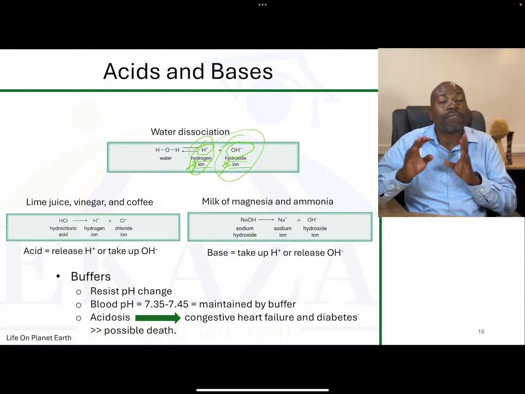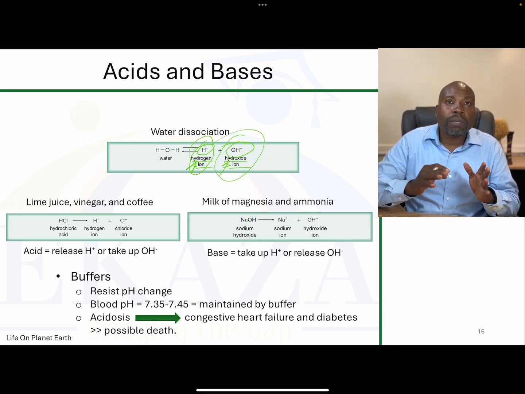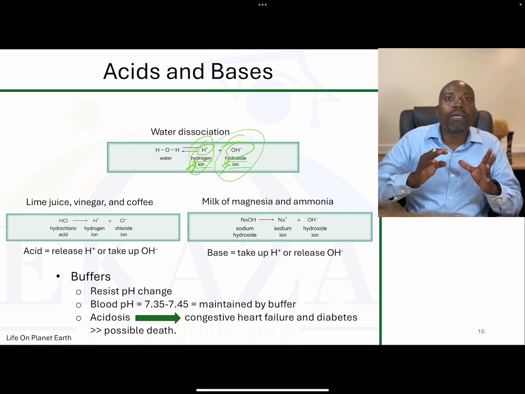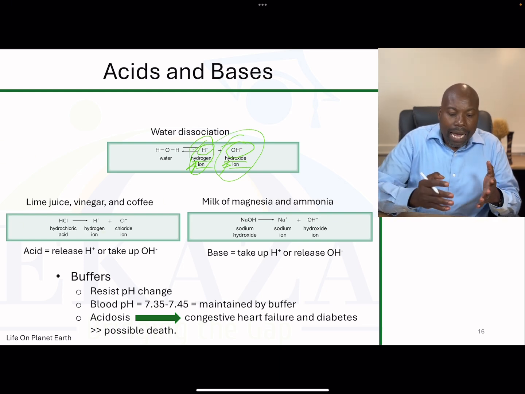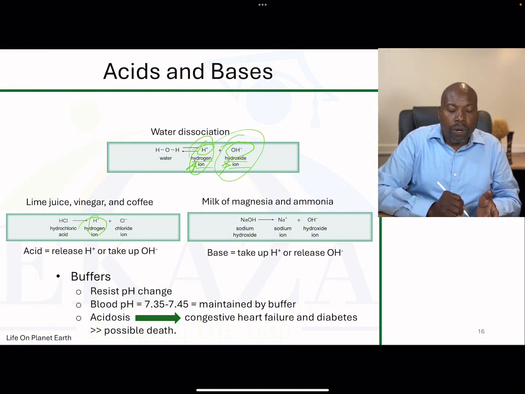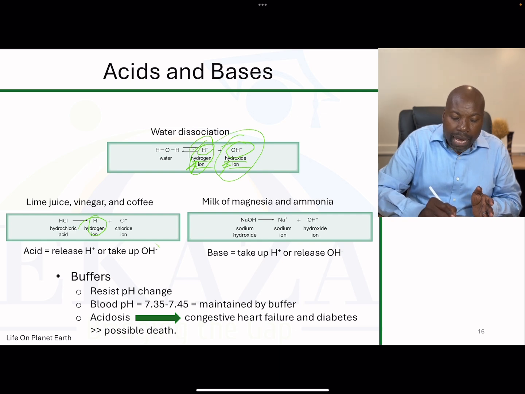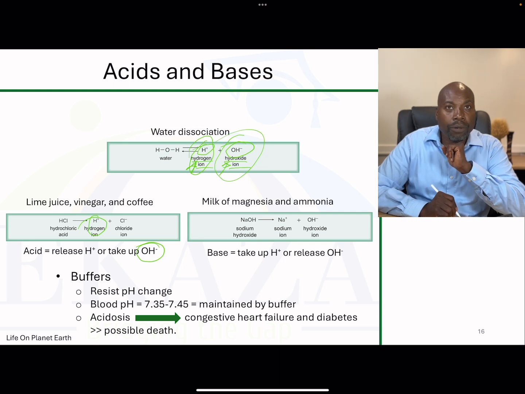Well, we're going to classify them based on the following property. Well, when the molecule splits, does it release hydrogen ions or take up hydroxide ions? That's the first scenario.